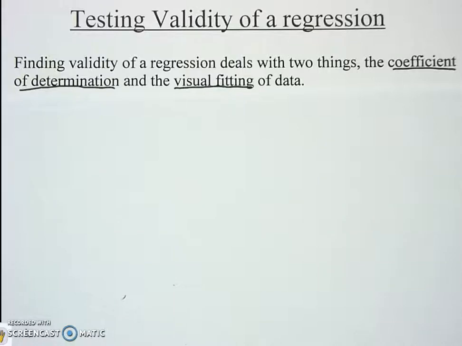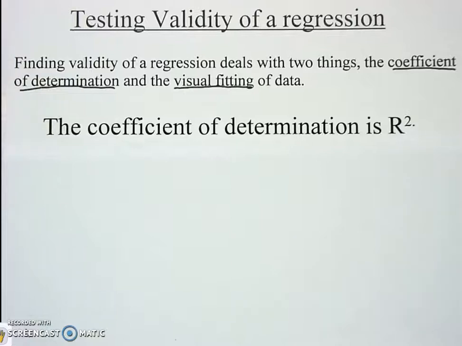This video and our next example are going to deal with the coefficient of determination, and then the last example for this whole section of regression is the visual fitting part. So here, to do a coefficient of determination, we're going to look at this.